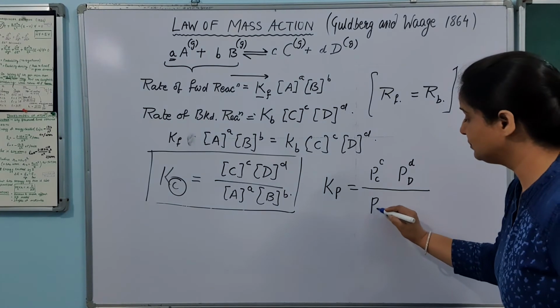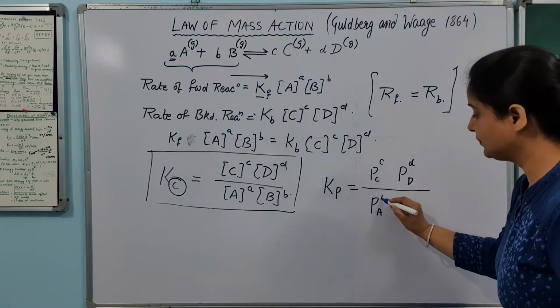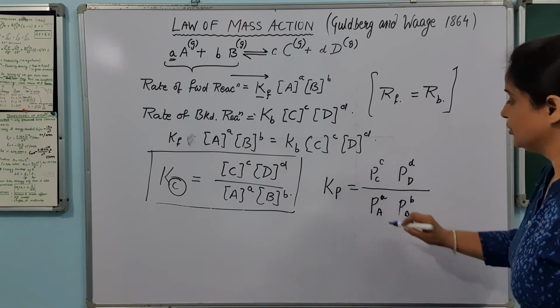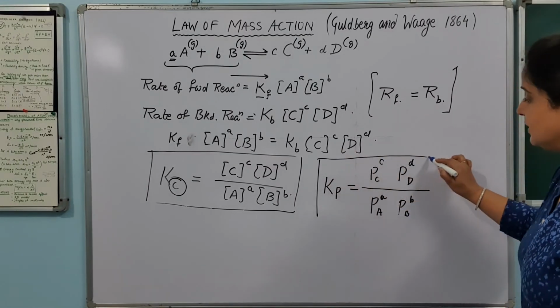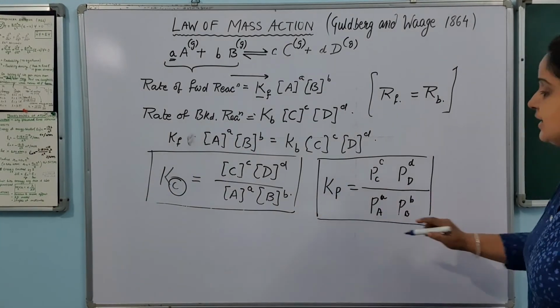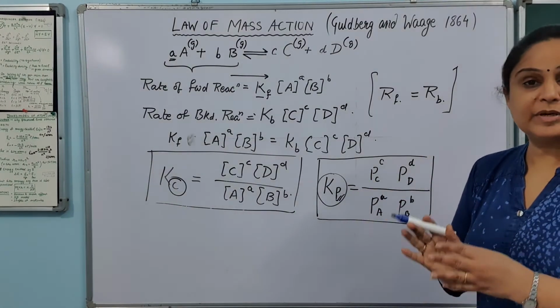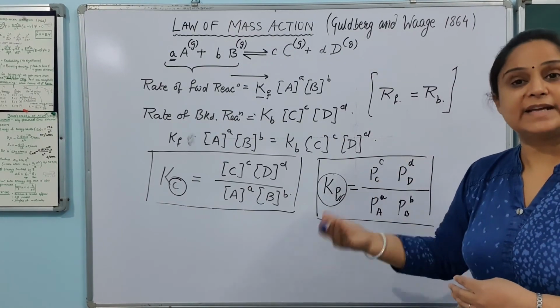So I am writing here Pa raised to power a and Pb raised to power b. So I hope it is clear to you that Kp is the term given for the equilibrium constant for the gas phase reaction.